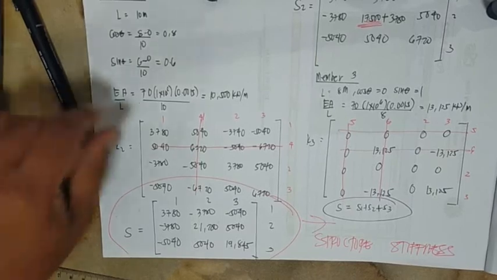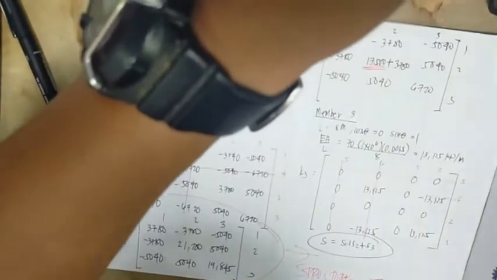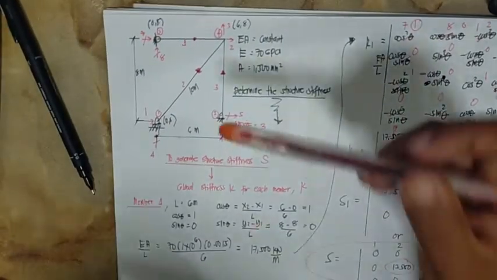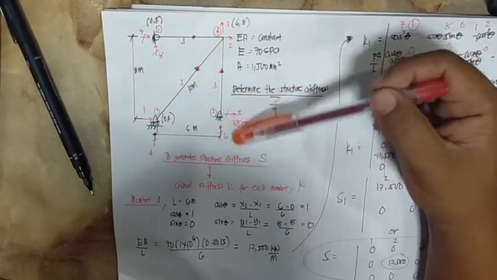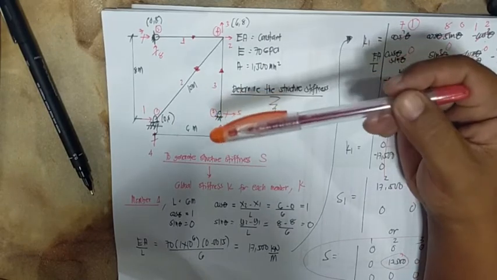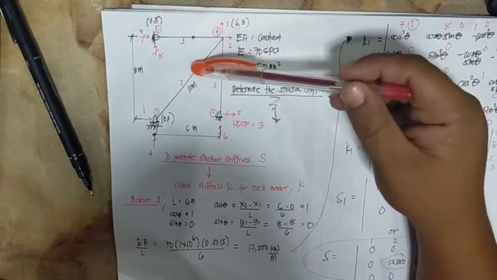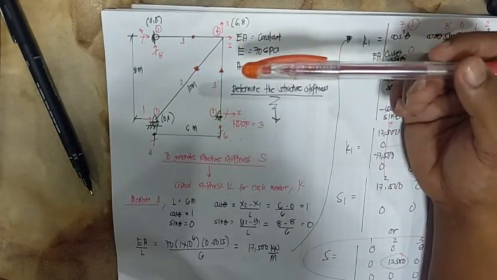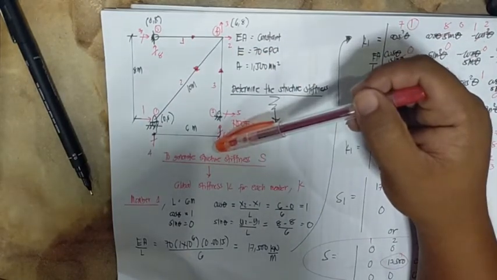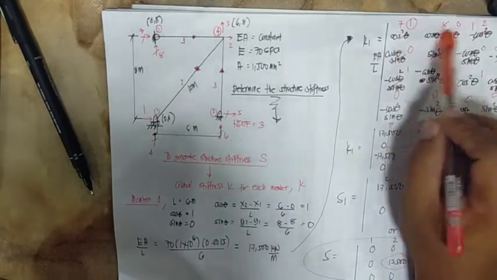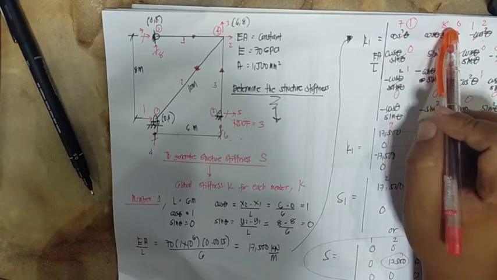Okay? So again, to have a recap, first, make a free body diagram that will represent the joint load, the displacement or the translation, and the reaction. Then after that, you can create the global stiffness for each member. Always put the designation. For example here, the unknown displacement will be 1, 2, 3.